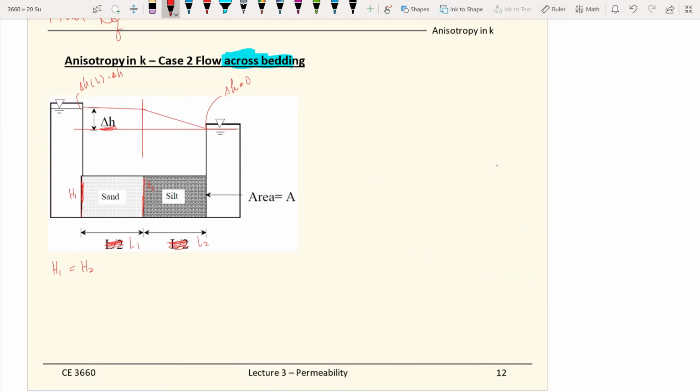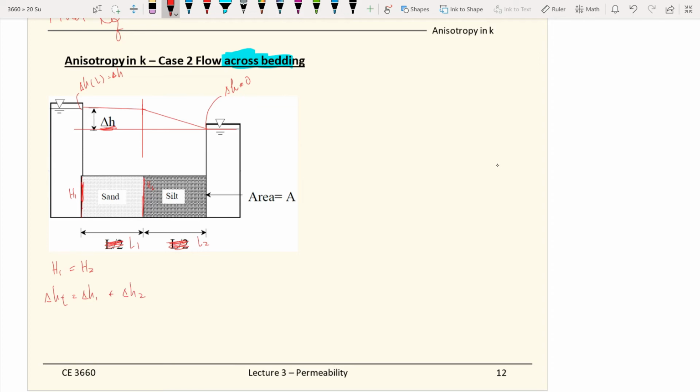In this case, the total head drop will be equal to the head drop at 1 plus the head drop at 2.